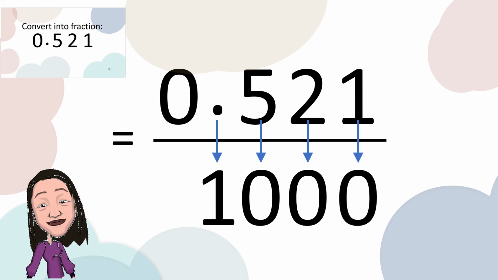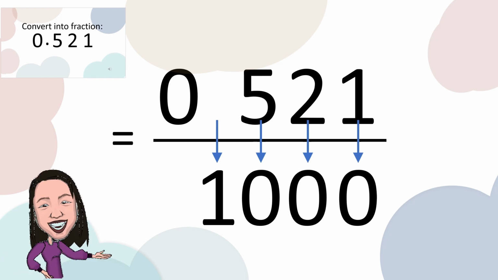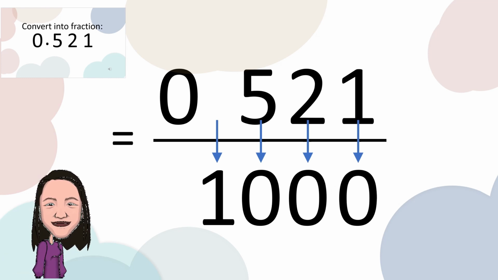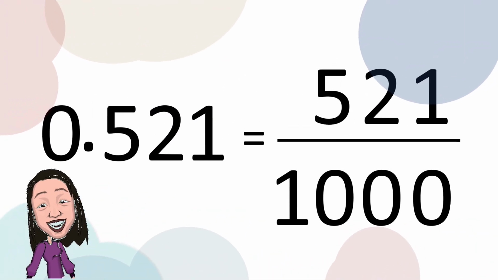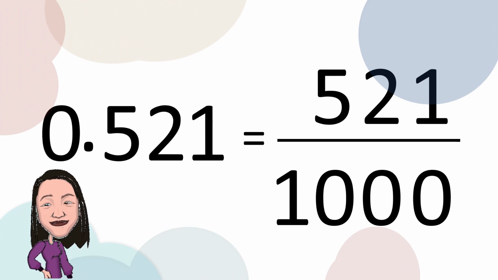Drop the decimal, and you get the numerator 0.521, or 521. So we can say that 0.521 equals 521 by 1000. You now know everything there is to know to convert decimals to fraction.